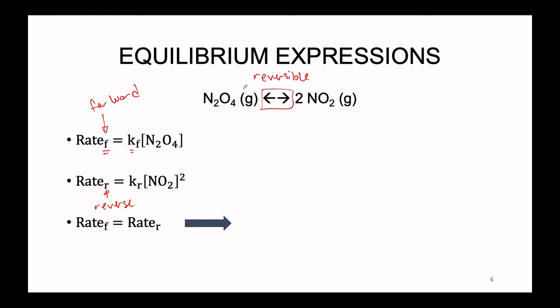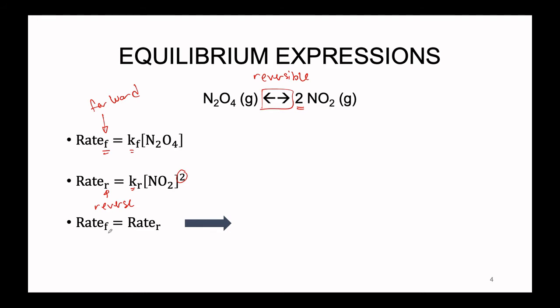Since this reaction is going forward from reactant to product, but is also going in reverse from product to reactant, there's also going to be some type of reverse rate. And so that reverse rate is going to be equal to the rate constant Kr times the concentration of NO2 squared. And so this reaction rate has been found to be a second-order reaction rate, and in this case, it is no coincidence that there is a stoichiometric coefficient of 2 here, but we'll be talking more about that in a brief second.